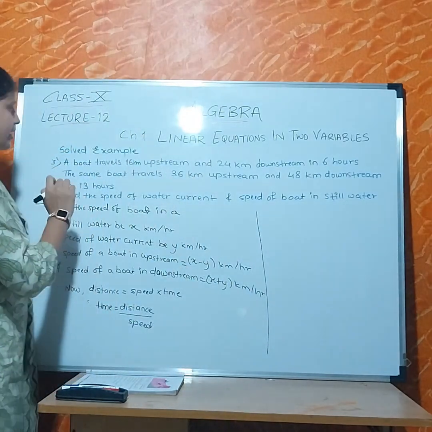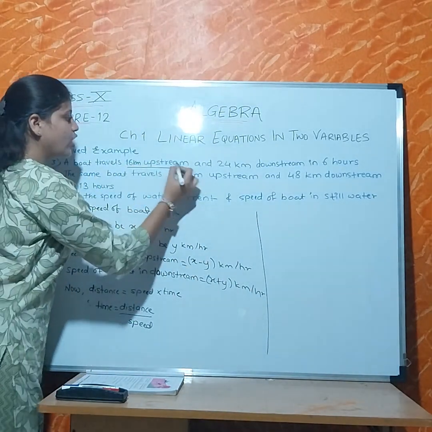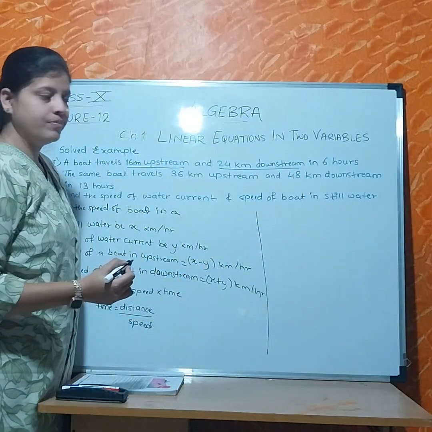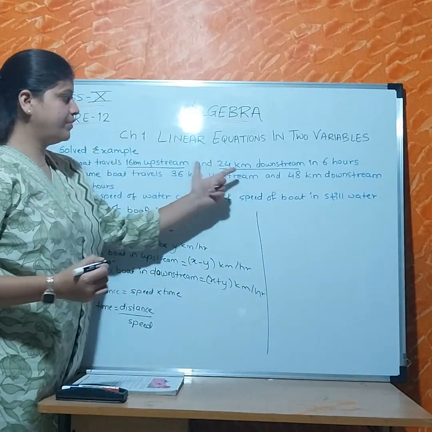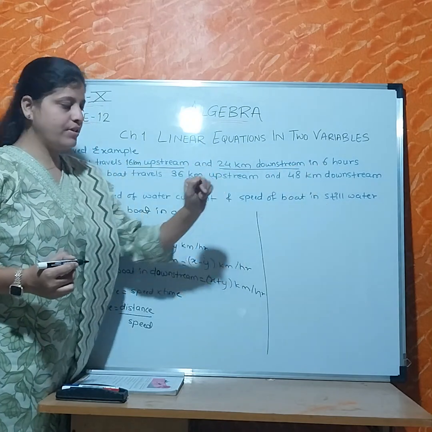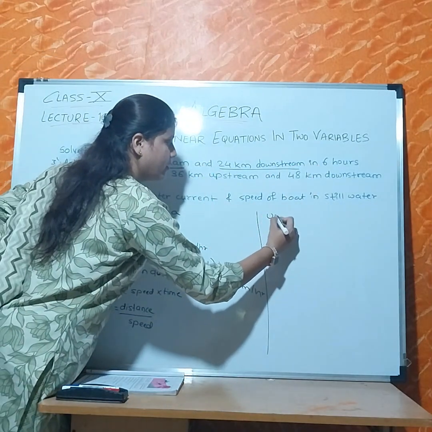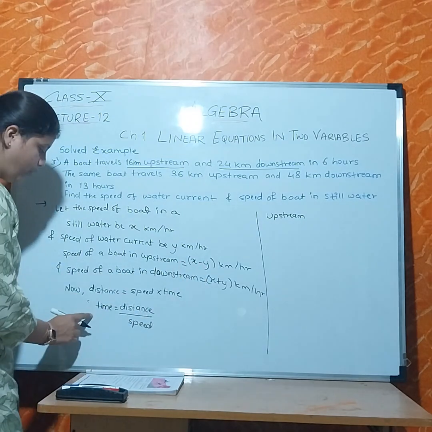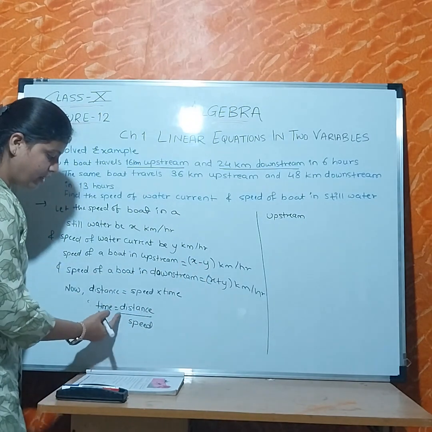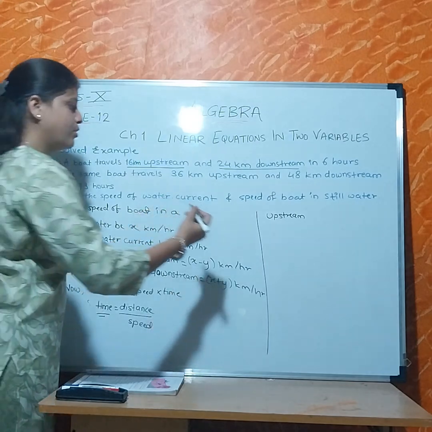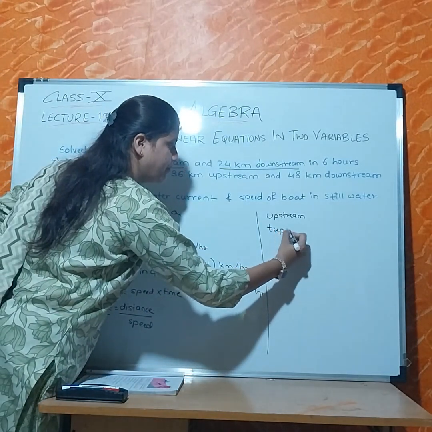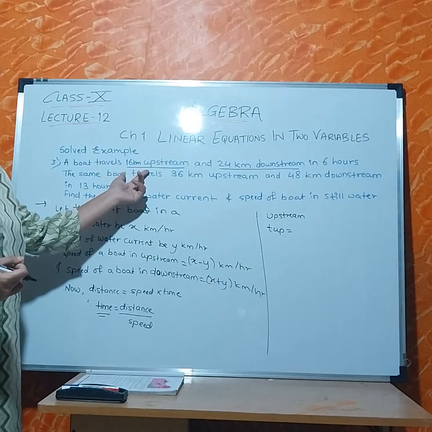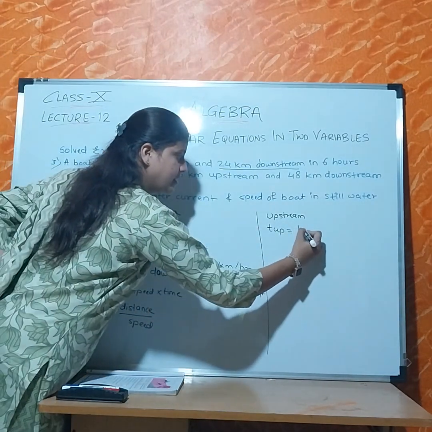So what is our first condition? A boat travels 16 km upstream and 24 km downstream, and the time required for both of these is 6 hours. So see, speed of a boat in upstream, x minus y. Now we know the formula, time is equal to distance upon speed, right? So let us assume time for upstream is equal to, what is distance? 16 km upstream, so 16 km is the distance.